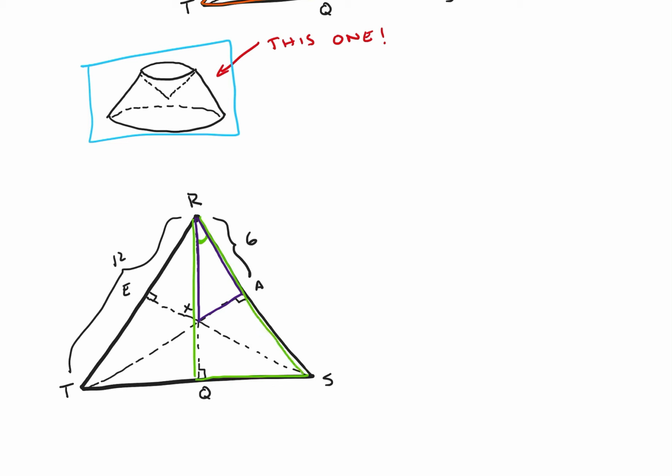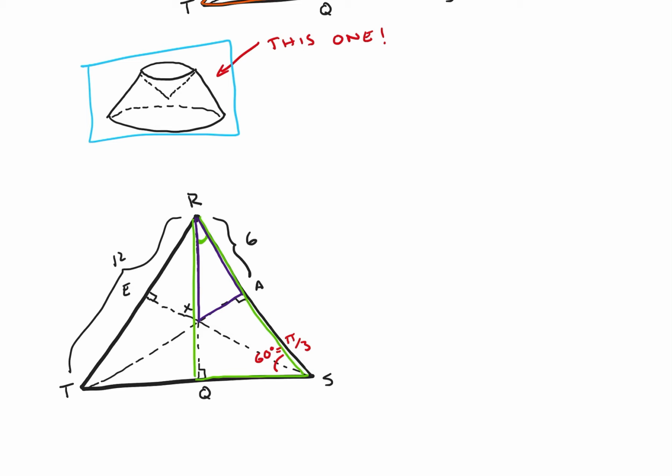Okay. So we know the overall side length is 12. We know the angle at the base here is then going to be a 60-degree angle, or in radians it's going to be pi over 3.